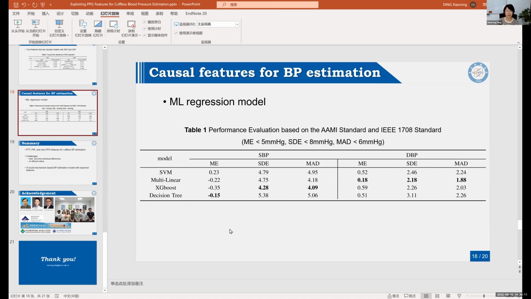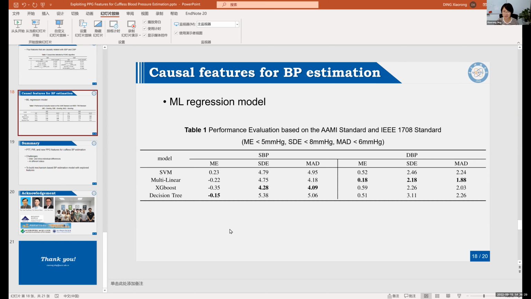Oh, I see. If you got two channels of PPG, either at different sites with the same wavelength or with different wavelengths, you could explore.